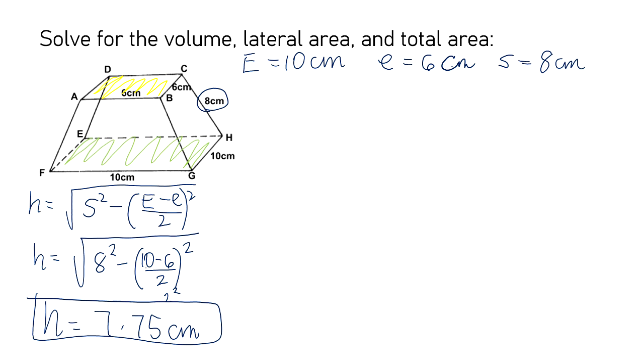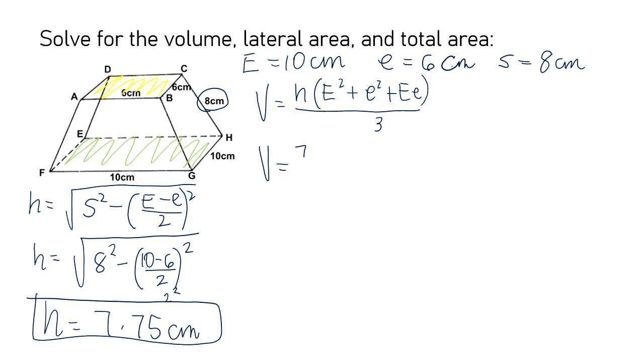Now that we have the value for our height, we can now solve for the volume, lateral area, and total area of the frustum of this pyramid. So volume is equal to height times big E squared plus small e squared plus big E times small e, all over 3.